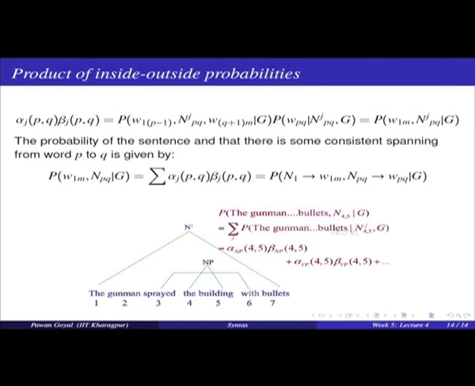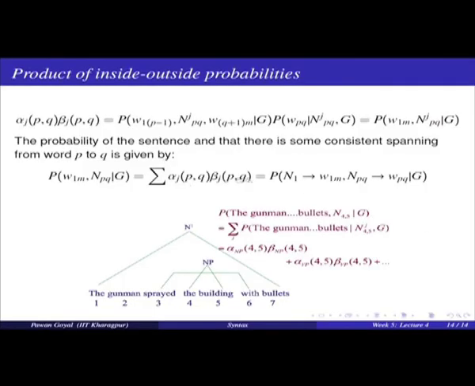The gunman sprayed the building with bullets, Nj PQ given G, and this is nothing but alpha NP 45, beta NP 45. So, here I am taking all possible J's. J can be NP, VP and so on, whatever non-terminals. So, I multiply alpha beta for a particular J and add over all the possible J's. That gives me this probability.